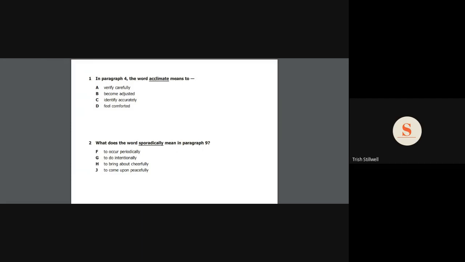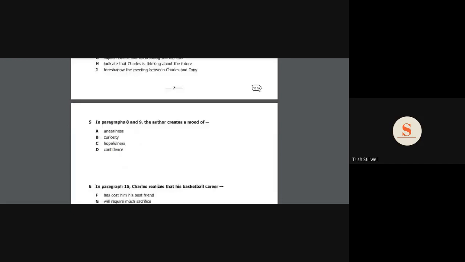Same thing for number 2. Number 3, but not number 4. Look at number 4. The details in paragraph 3 are important because, so this is definitely a comprehension question. You will need to read that paragraph. Again, for number 5, that's considered a comprehension question.